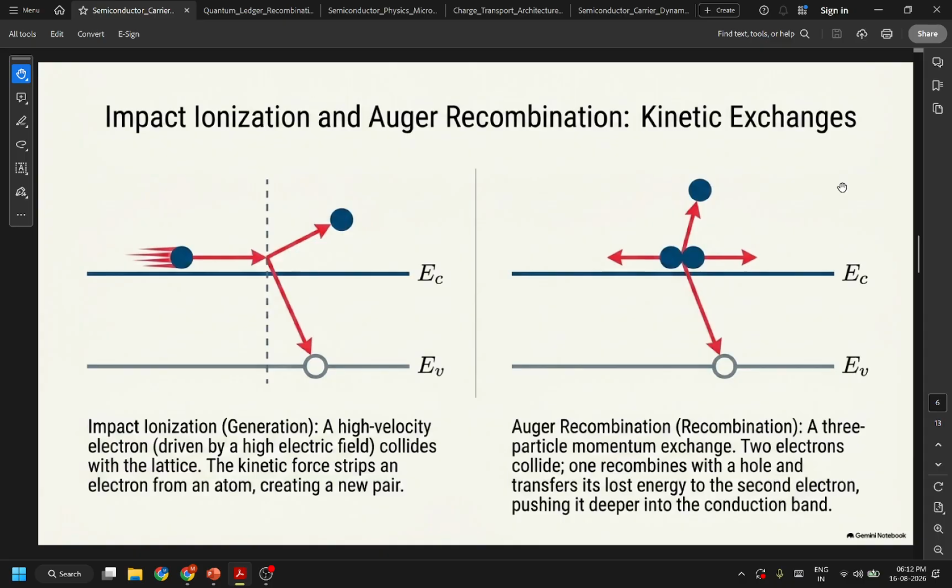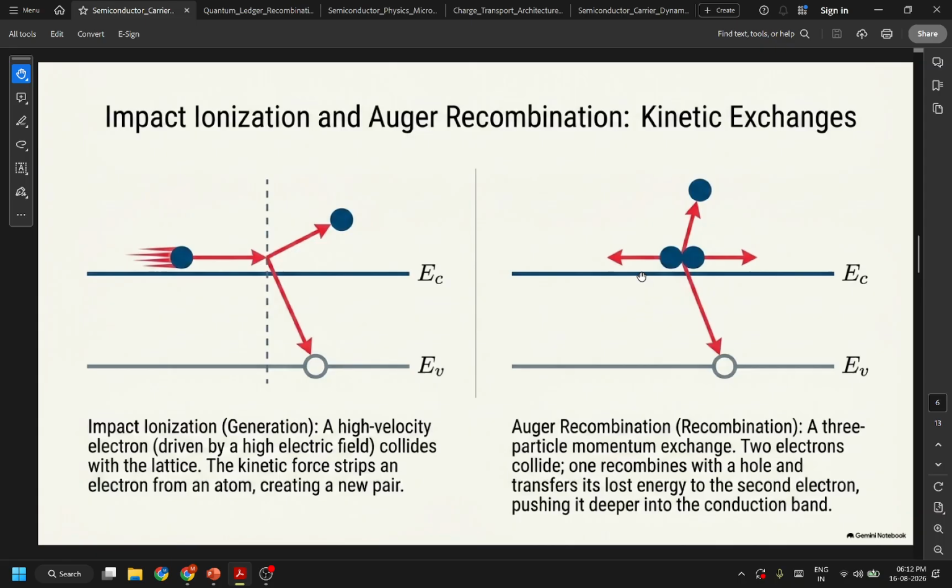Then there is Auger recombination, which is a three particle momentum exchange. In this, two electrons collide, out of which one recombines with a hole and transfers its lost energy to the second electron, pushing it deeper into the conduction band.